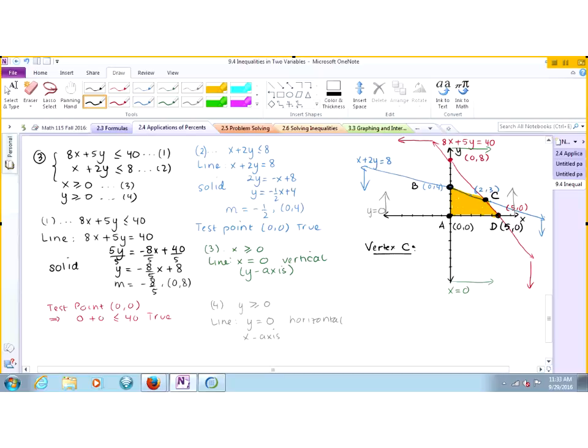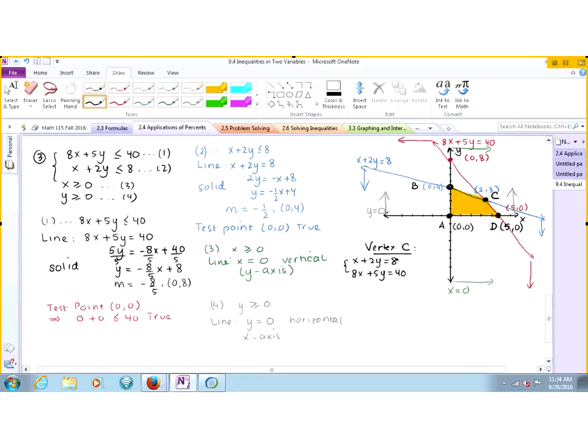Well, that's easy. What equations, what lines intersect and form C? x plus 2y equals 8. Then how do I find the intersection? We have to use either elimination or substitution.